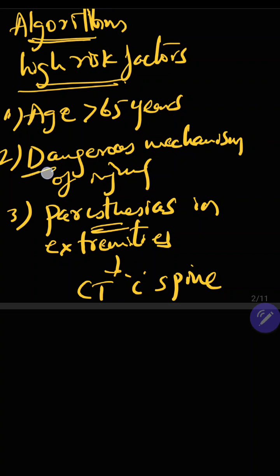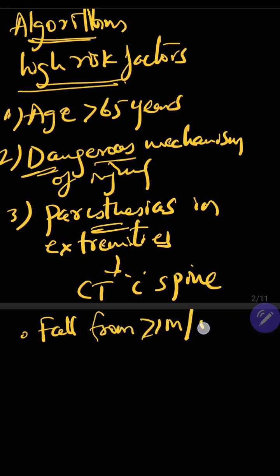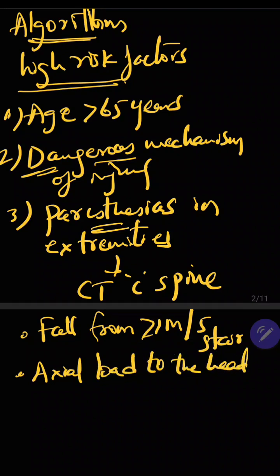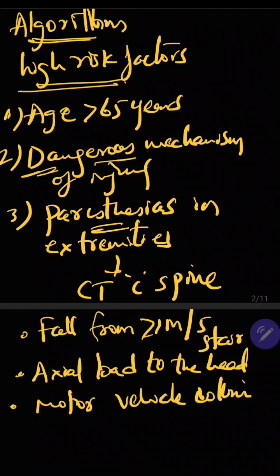And what is the dangerous mechanism of injury? For example, fall from more than or equal to 1 meter height or 5 stairs. Number two is axial load to the head. So the person has fallen from height and directly landed on the head. And number three is motor vehicle collision.